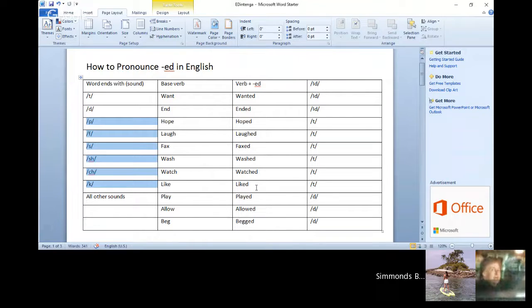Okay. And now all the other sounds, all right, for example, play, we just say played. We just say the main verb and then add the D sound, okay? Then the next one is allow, allowed, beg, begged, okay?